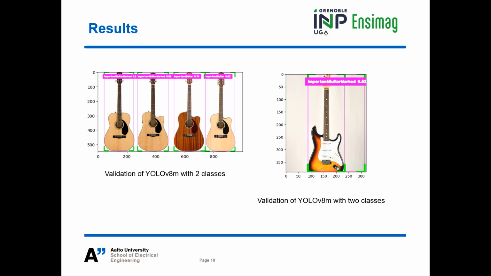Also, YOLO V8M with two classes provides a mean average precision of over 0.25 for both classes. It's not capable of ensuring high security system quality, because other types of guitars are also incorrectly marked as important guitar marked. To successfully distinguish different guitars from the marked ones, the model should be trained on examples that include other types of guitars.